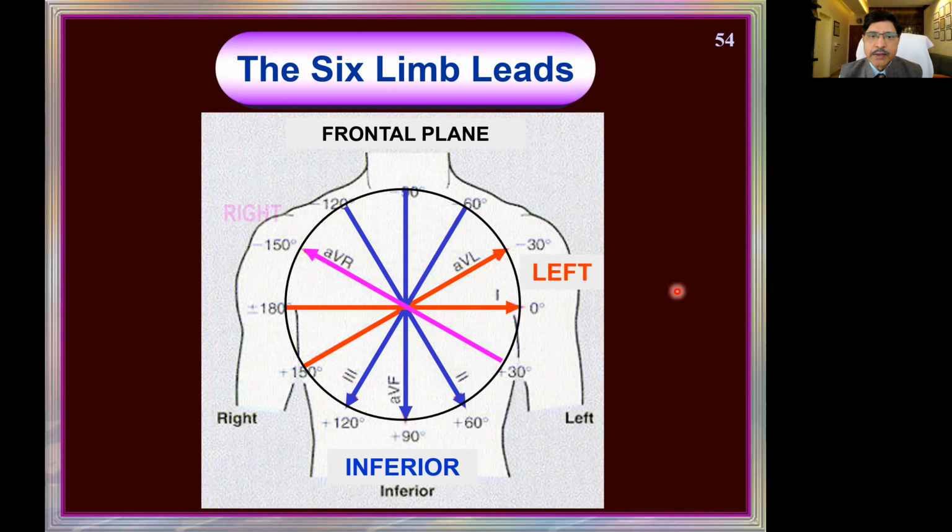Then you are left with the right side. Anything in this zone is the normal axis. This zone is left axis. Anything beyond this is the right axis.